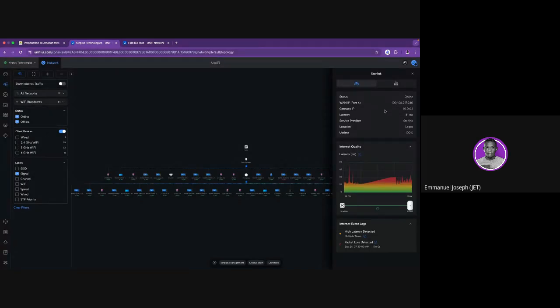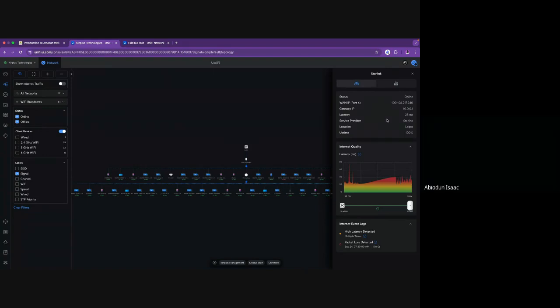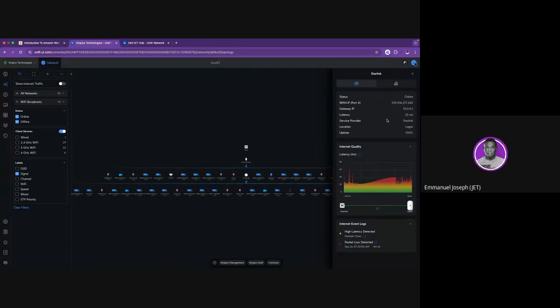Okay, good. What is coming from Starlink as the IP address is 100.106.217.240. With this, will you say this is a class A or class B IP? Class A. I will still say it's class A because the first octet address is 100. Exactly.